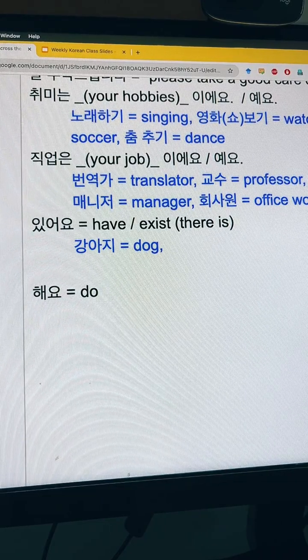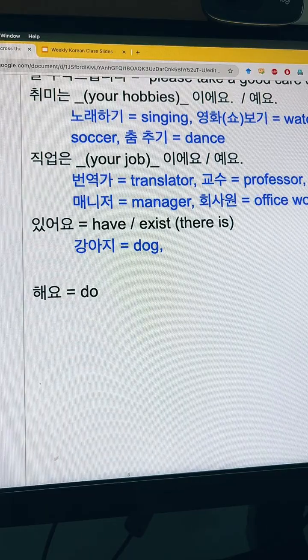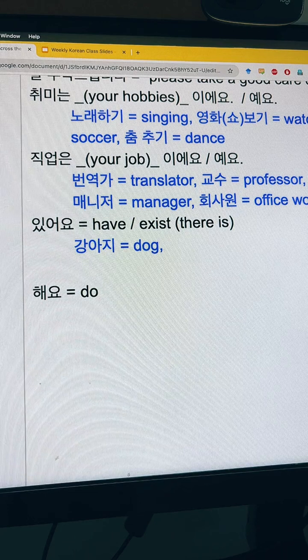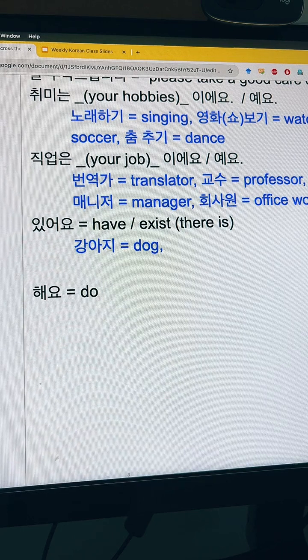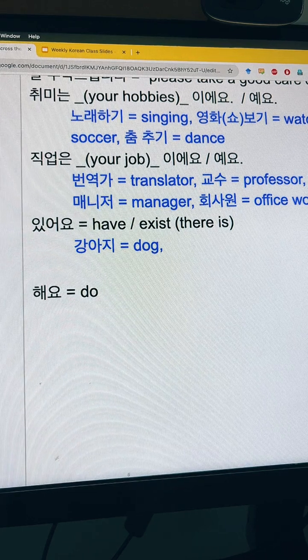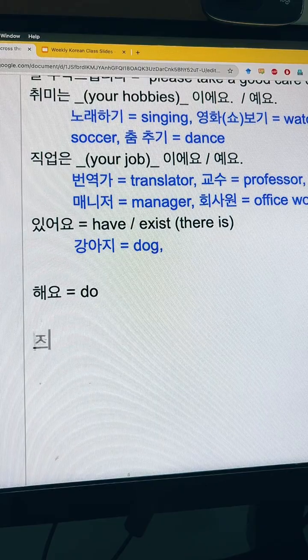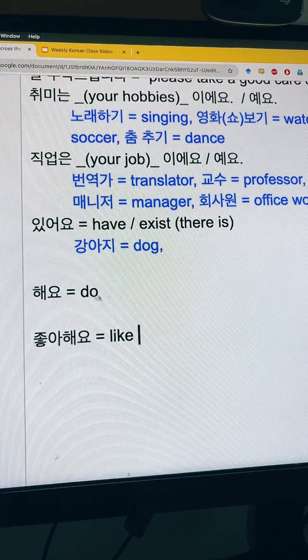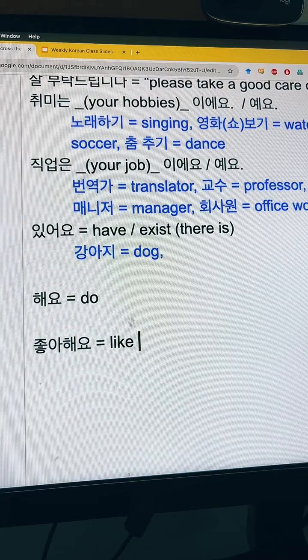Maybe you do art or something, right? Then you can say art 해요. Or like baking, maybe you are into baking. You can say baking 해요. 네. Oh yeah, how do you say to like? 좋아해요. Like. So if you want to say, oh, I like Korean food, 좋아해요.